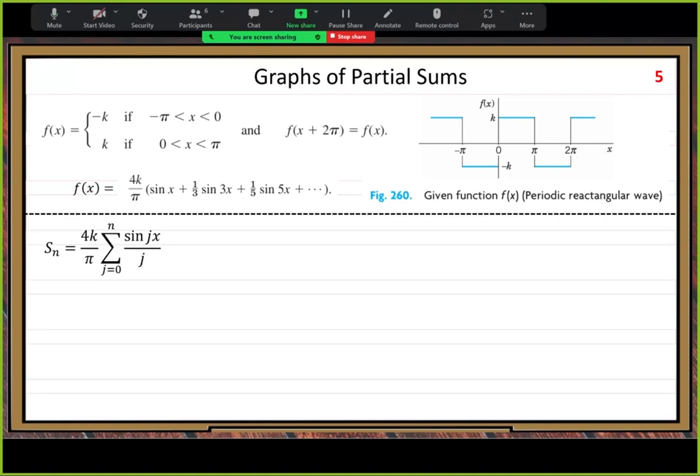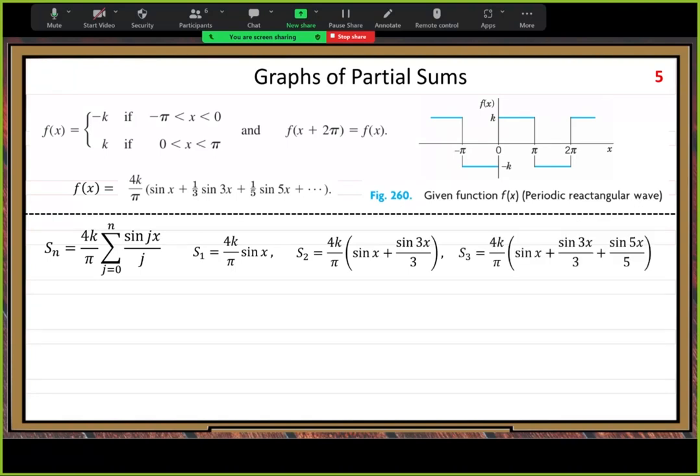We only take the summation up to the nth term, the last term n. S1, the first partial sum, is a simple function. The second partial sum contains two sine terms, and then the third partial sum.